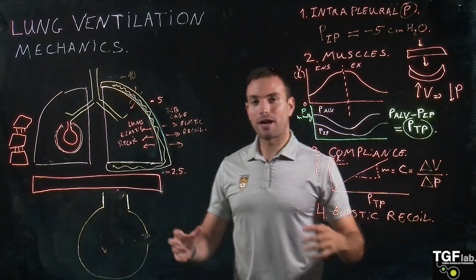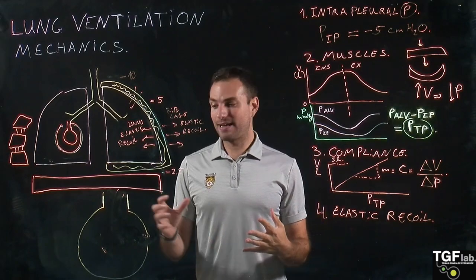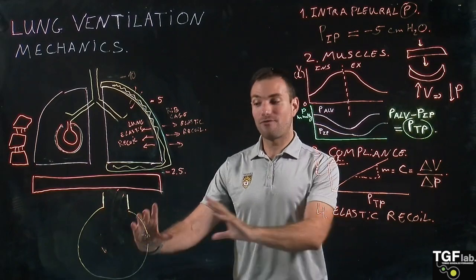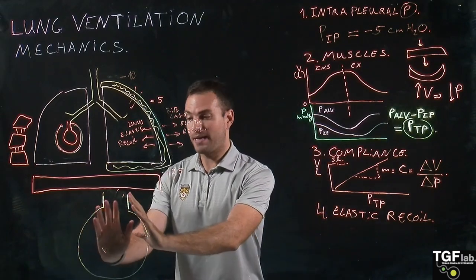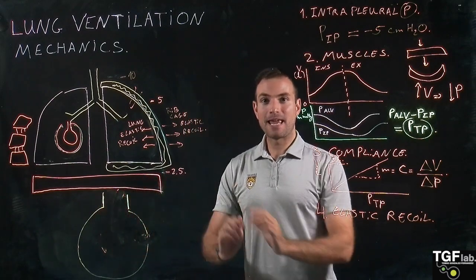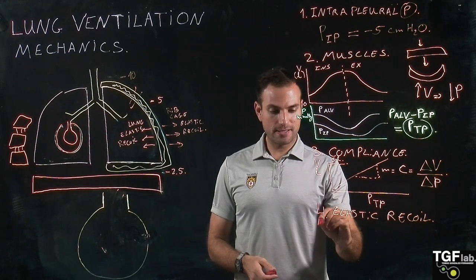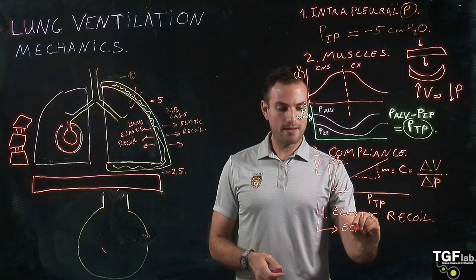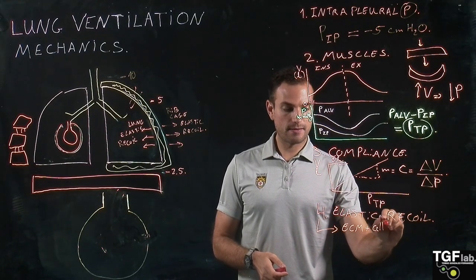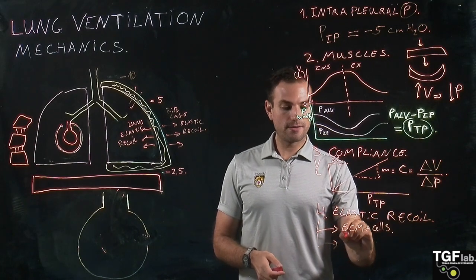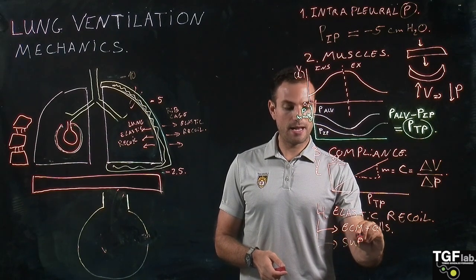And the elastic recoil is the intrinsic tendency of the alveoli to collapse, to deflate. Okay, and this is due to two different reasons. The first reason is the ECM and the cells, but the most important reason is the surface tension of the alveoli.